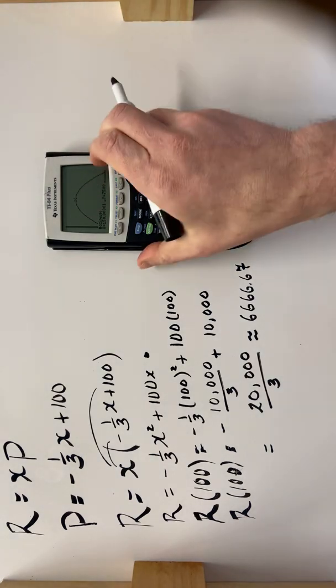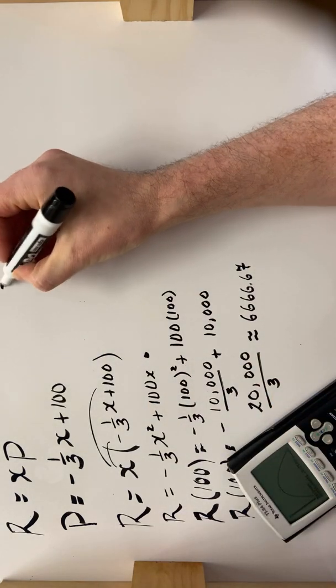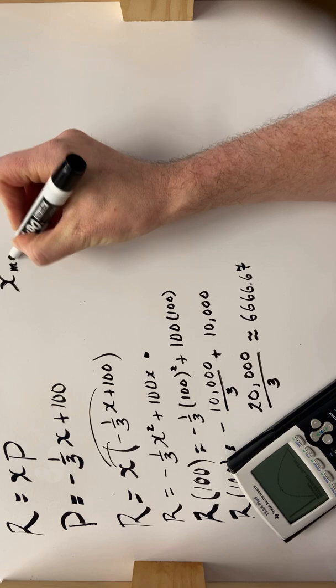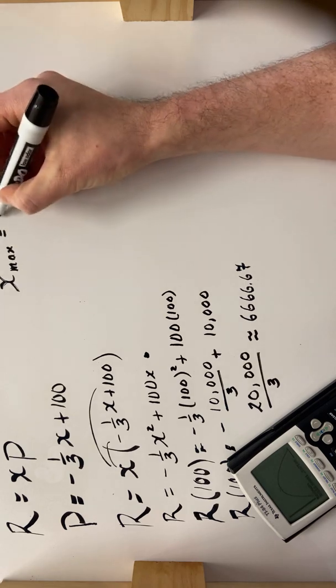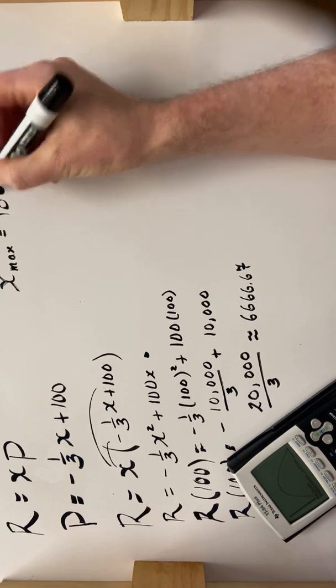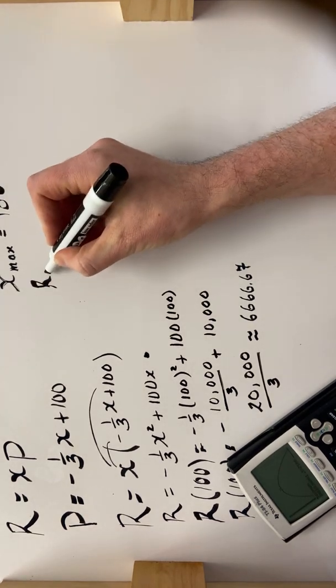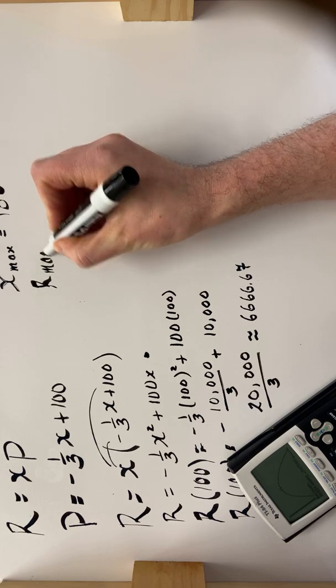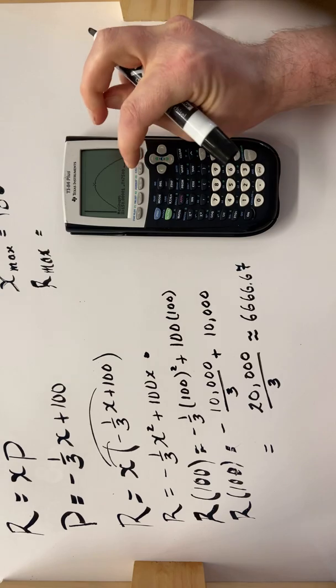So I'll put my X max here, I'll call it, maximum revenue is at 150, and my R max, that is my maximum revenue, is my Y value.